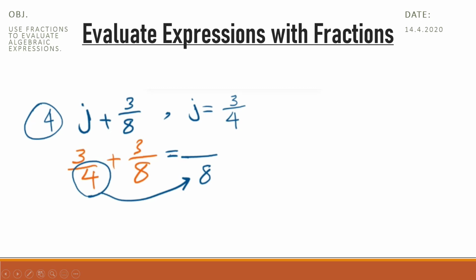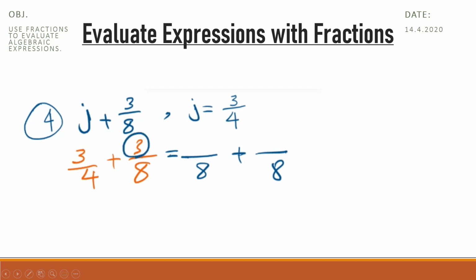Okay. So now again we have the two fractions with the denominator 8. Here in this one it's 3/8, so I will write 3/8. Now this 4, now it's 8, we multiply by 2, so do the same for the 3, multiply it also by 2, it will be 6.